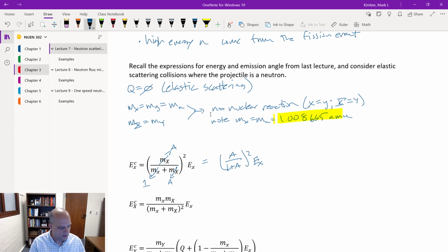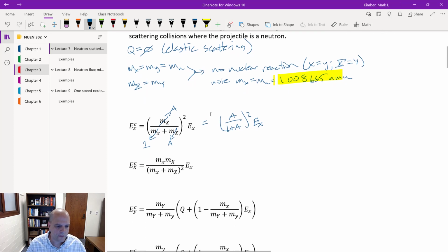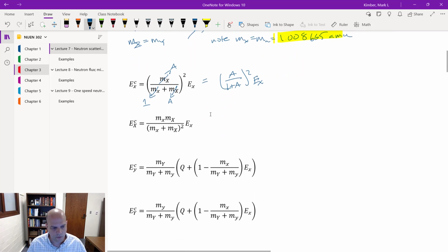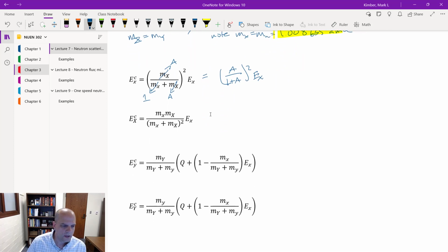And so that's what we're doing with all these expressions, is we're replacing our masses with either A for the large particles or a value of 1 for the small particles. So this then becomes 1, this becomes A, this becomes 1, that becomes A. And we're left with A over 1 plus A squared.